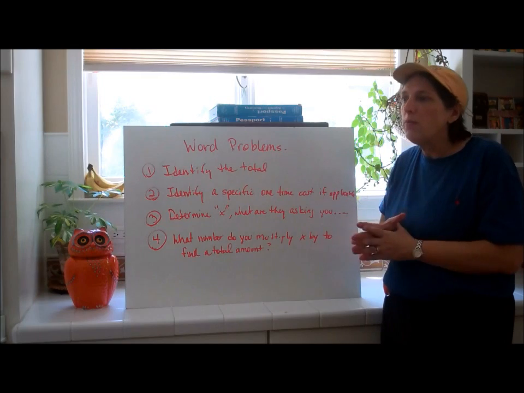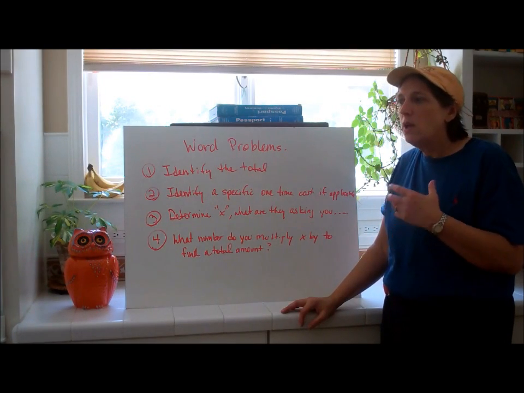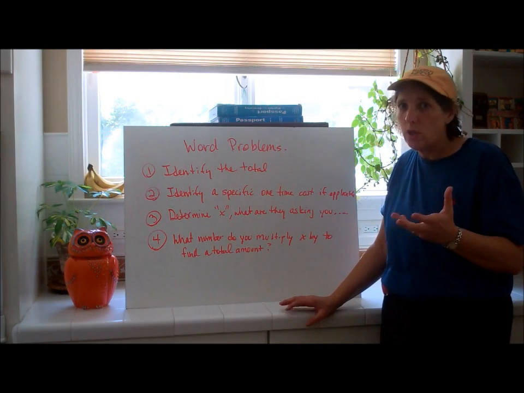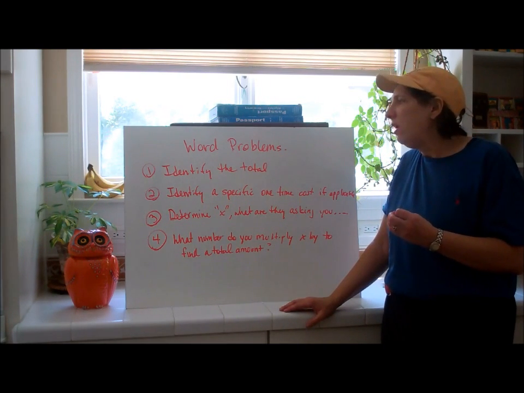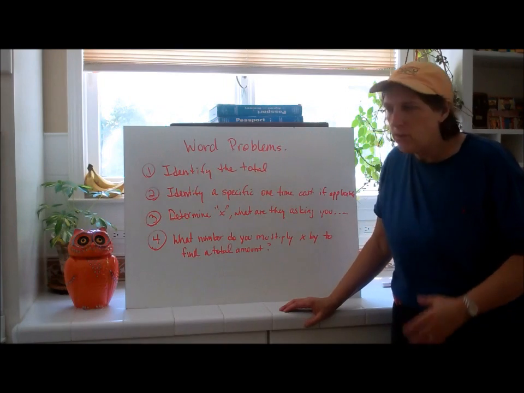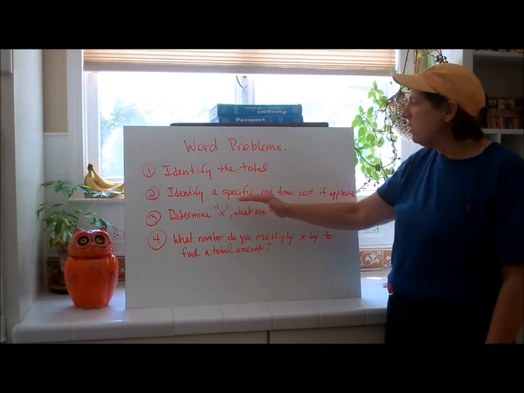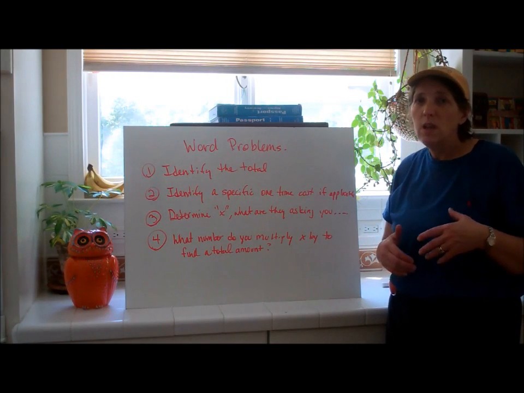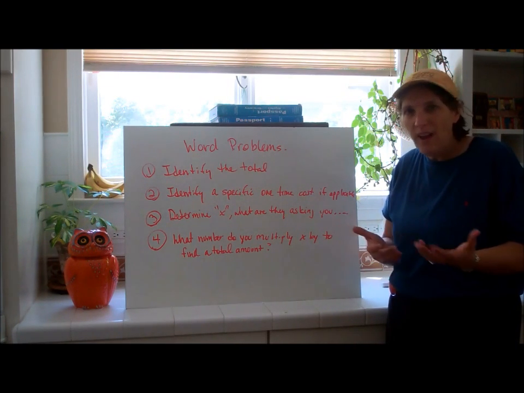So the total something: the total money you're trying to raise, the total cost it's going to cost you to go into the amusement park, the total budget that you have to work with. Then you want to identify a specific one-time cost if applicable. Applicable means if it's a one-step equation, you won't necessarily have that.